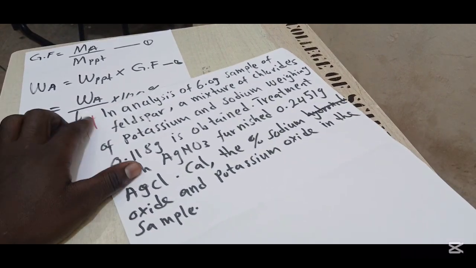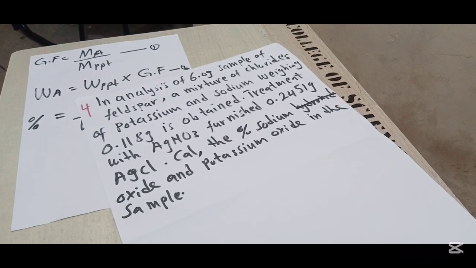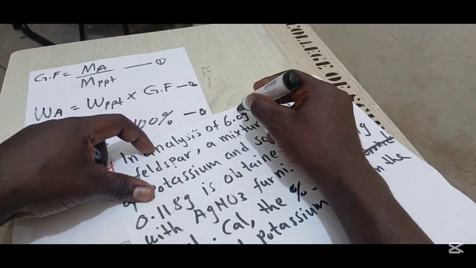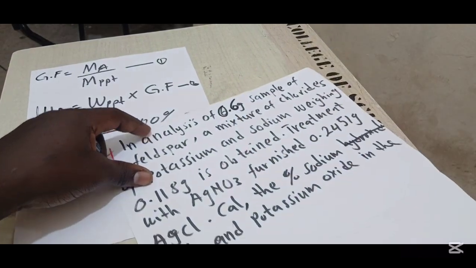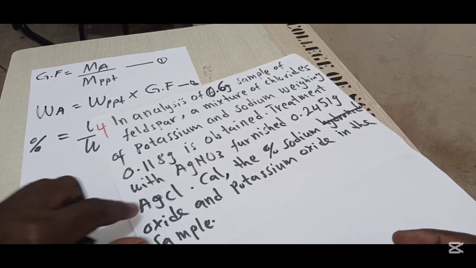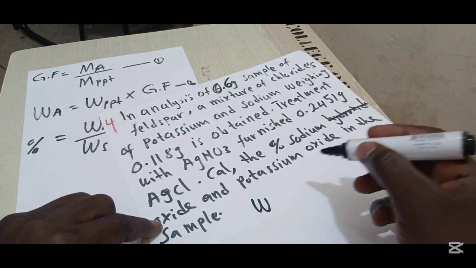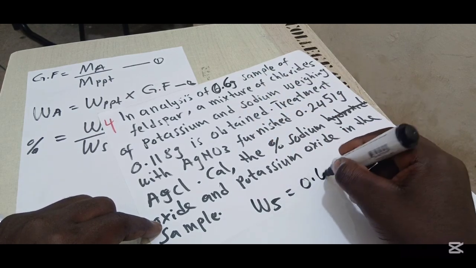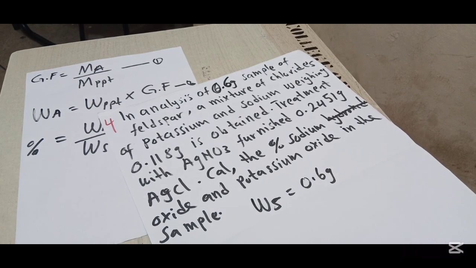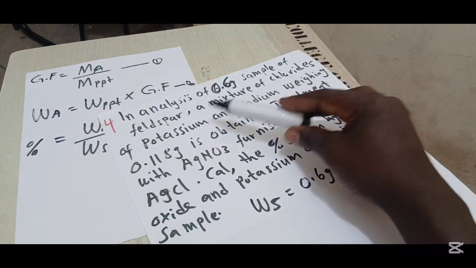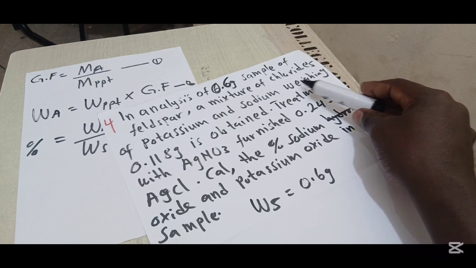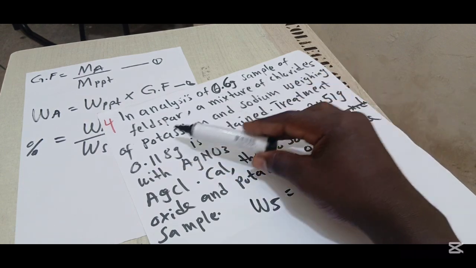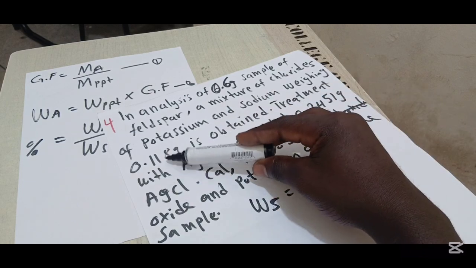So how do we go about this question? Let's write down our parameters here. We have the weight of our sample to be 0.6 grams, and we have a mixture of chlorides of potassium and sodium weighing 0.118 grams.